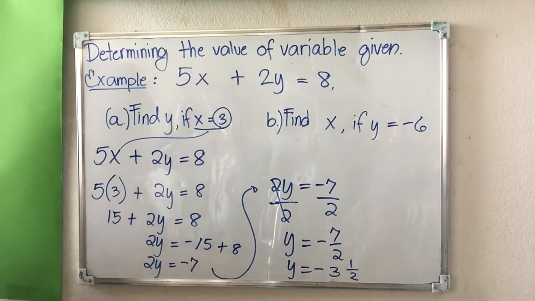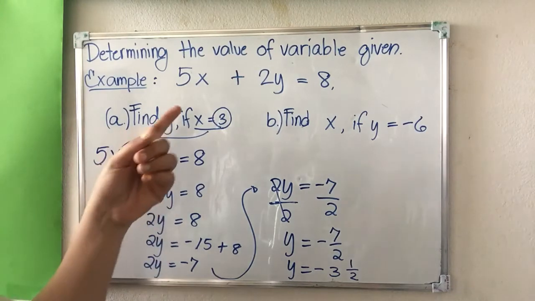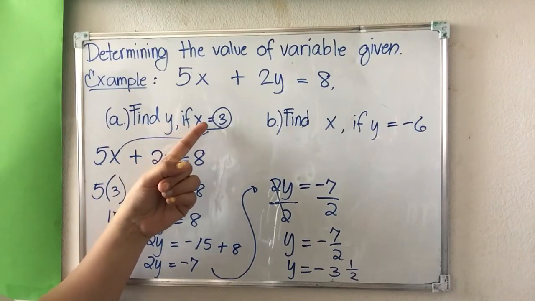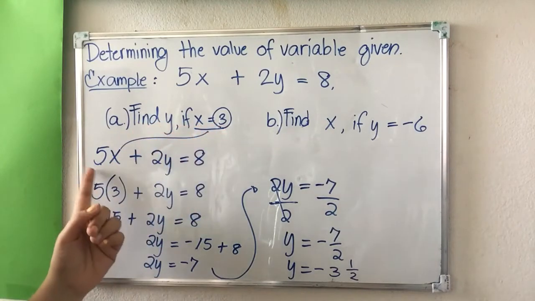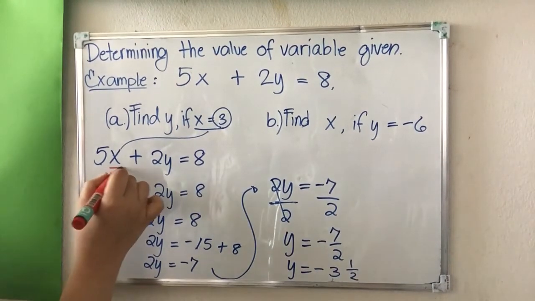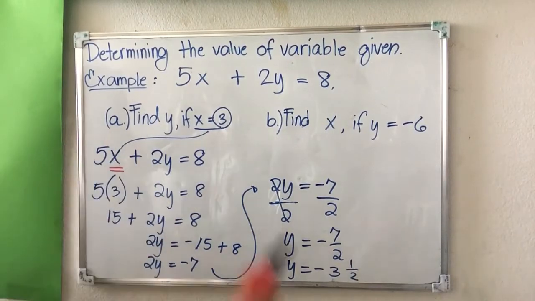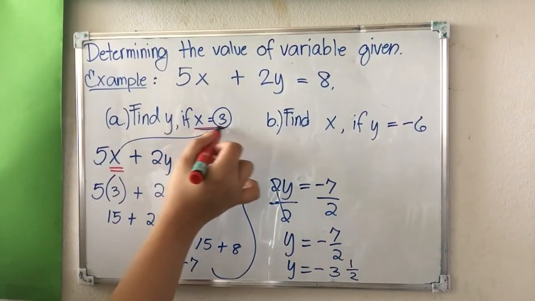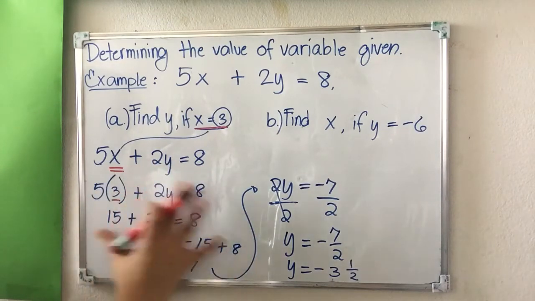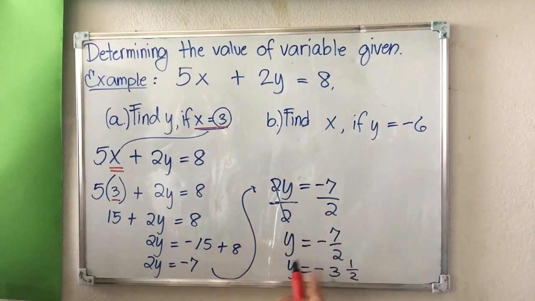Okay, so that's a very long process, right? So again, what we did, we were finding the y if the x is equal to 3. So we just change the value of our x by the value given, which is 3. Okay, now simplify, and then you have here the answer.